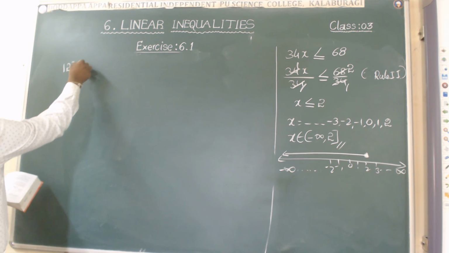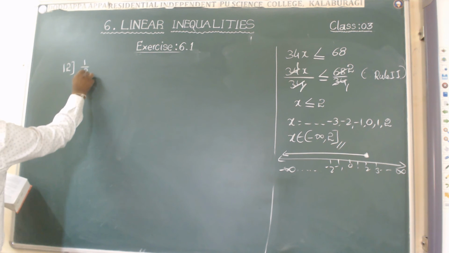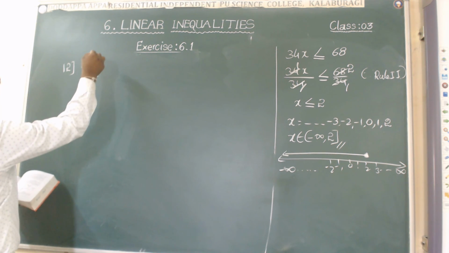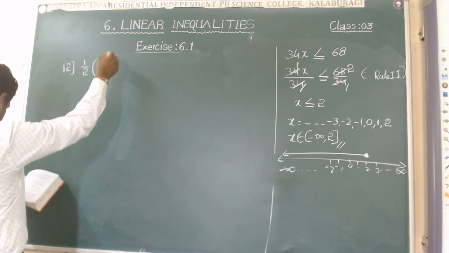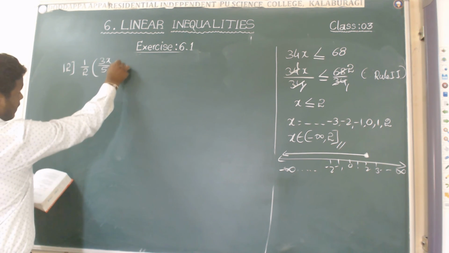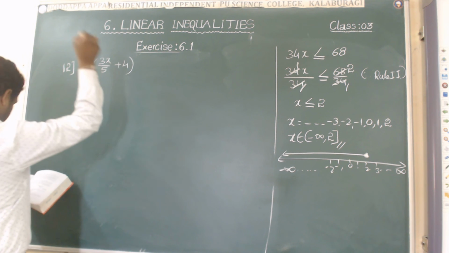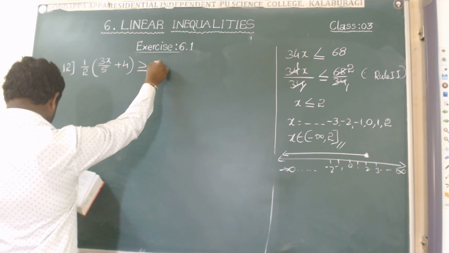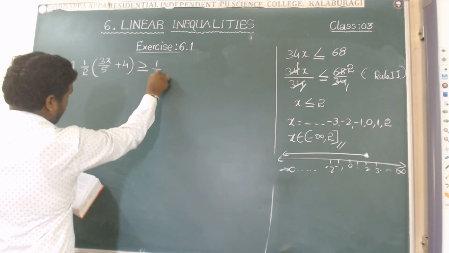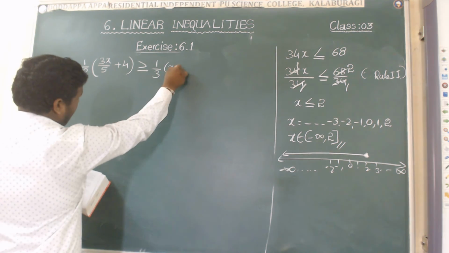That is 1 by 2 of 3x by 5 plus 4 is greater than or equal to 1 by 3 into x minus 6.